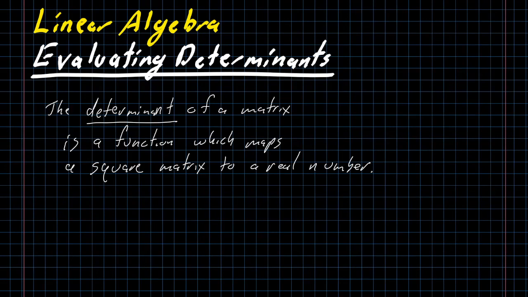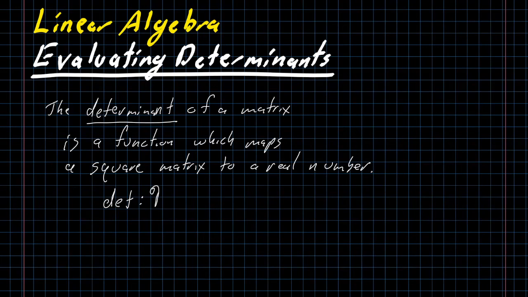The determinant of a matrix is a function which maps a square matrix to a real number. We're going to denote the determinant using the abbreviation det, similar to how you've seen sine, arcsecant, and logarithm abbreviated using a couple of letters. Determinant is det. It maps from square matrices.